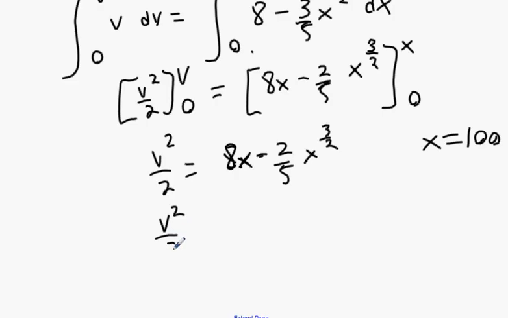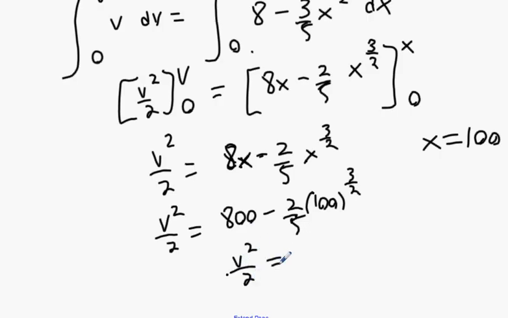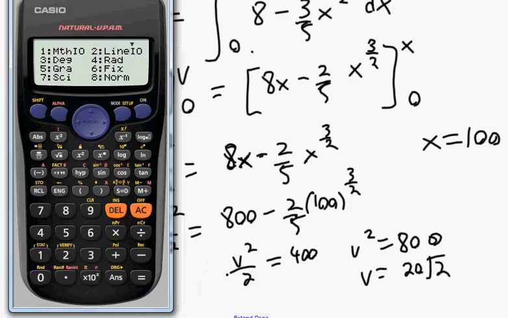We get v squared over 2 equals 800 minus 2 over 5 by 100 to the power of 3 over 2. v squared over 2 is actually going to end up being 400. v squared equals 800. v equals 20 root 2. And we get 20 root 2, or a version of that.